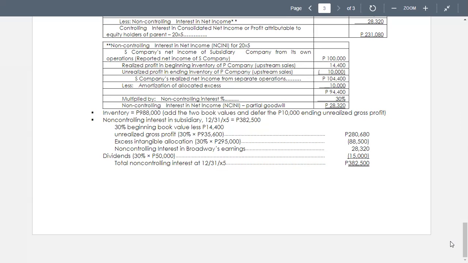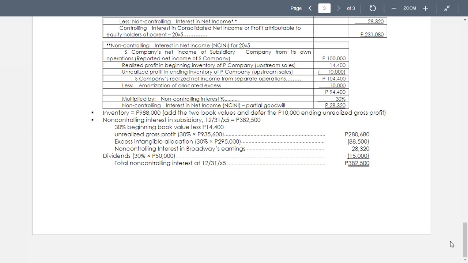Then we add realized profit in beginning inventory of P company, upstream sales, 63,000. And then we deduct unrealized profit in ending inventory of P company from upstream sales, deduct 69,000.